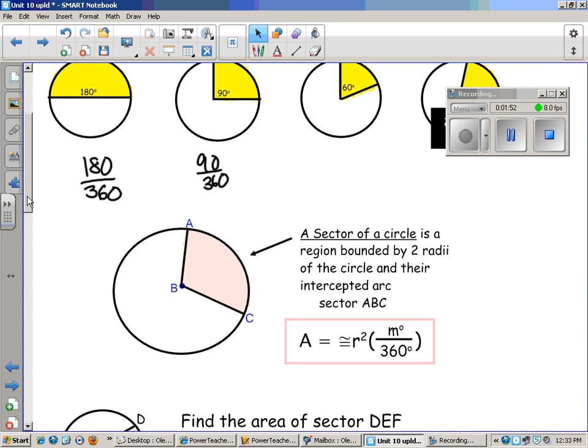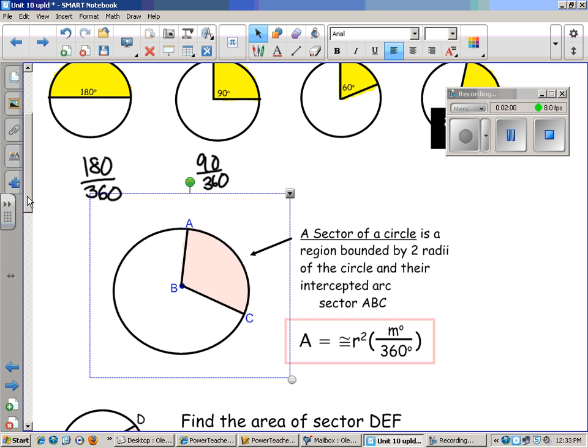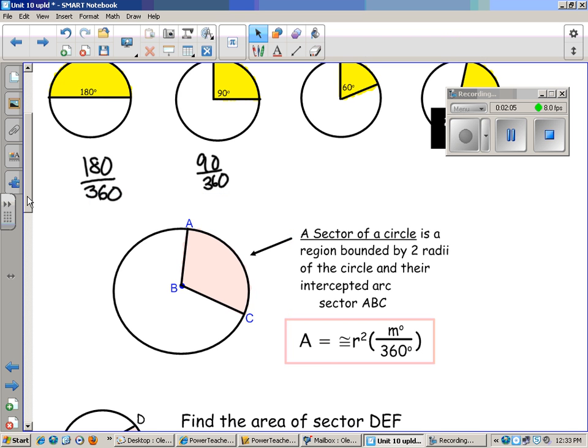It's like a radar machine going around, and they divide it up into portions. So it's a piece of a circle that is bordered by a central angle and the intercepted arc.